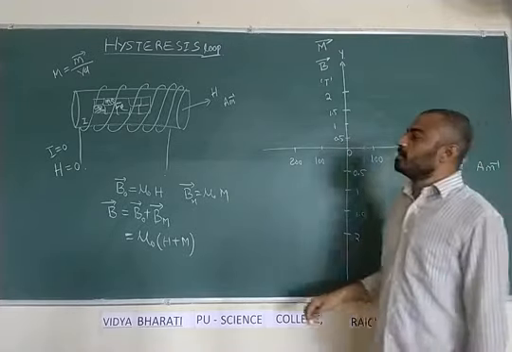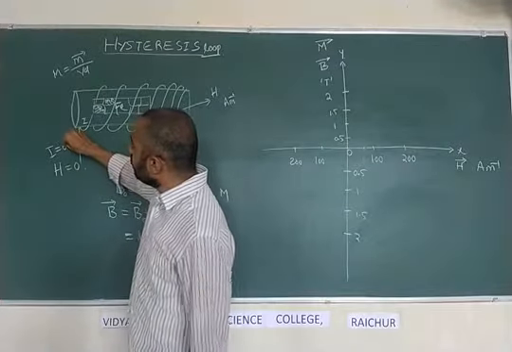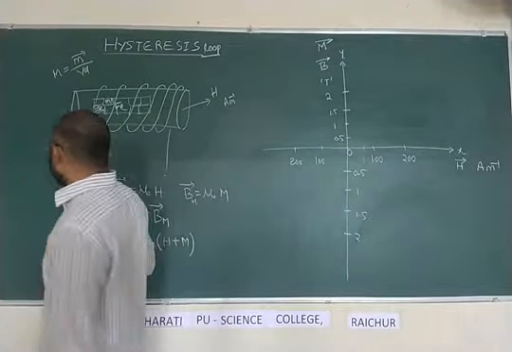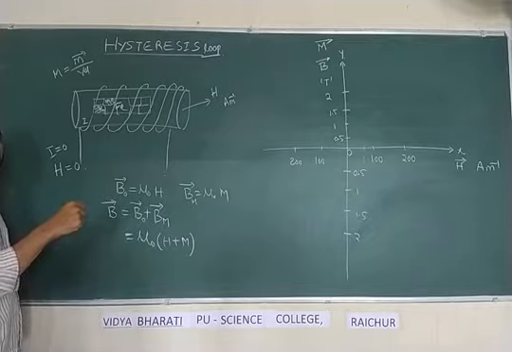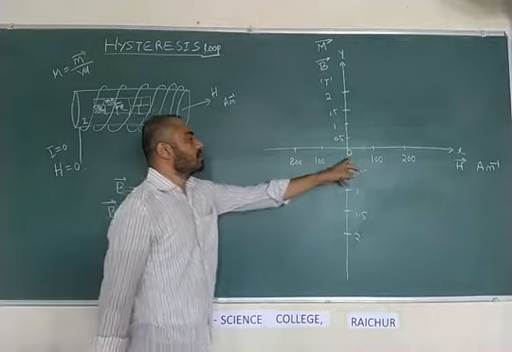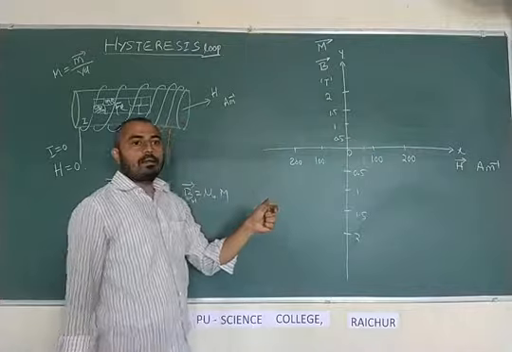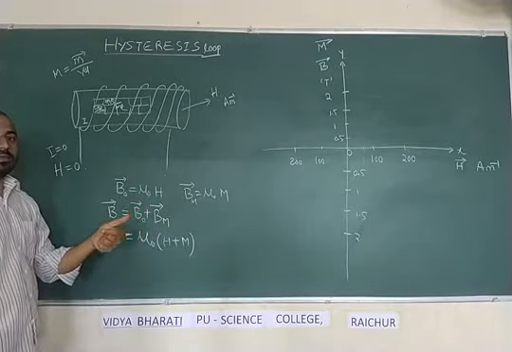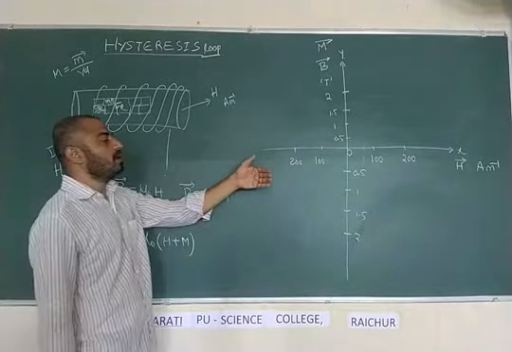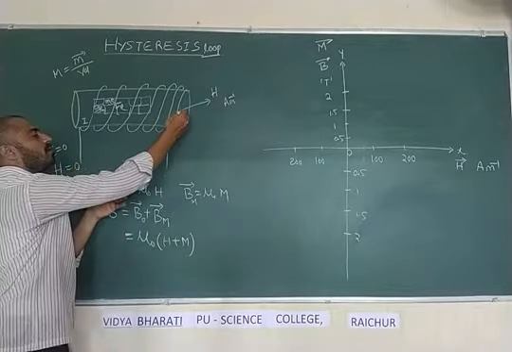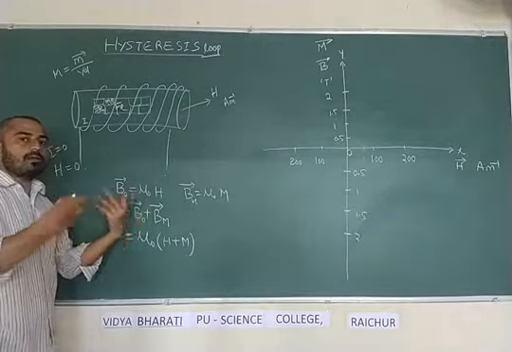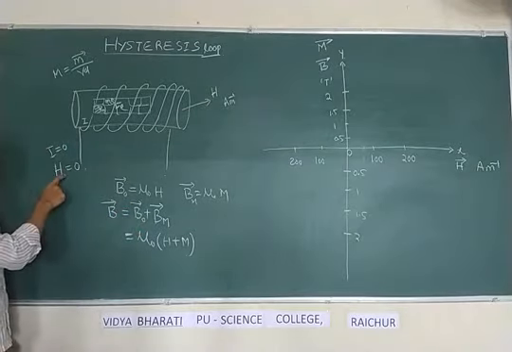Gradually, I increase the current, which is 0, in terms of ampere: 1 ampere, 2 ampere, 10, 20, 30, 50, 60, 70, 100 ampere per meter. As you go on increasing the strength of the current, the strength of the magnetic field inside the solenoid also increases. As you increase the current, the magnetizing field intensity also increases.